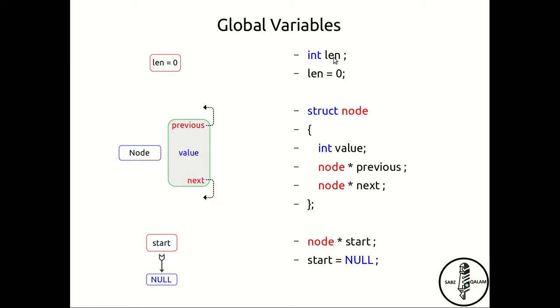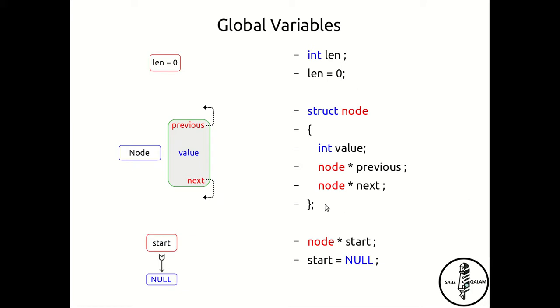The other important global variable is this node by the name of start. A start, whether it's a single, a double or a circular linked list, always points to the beginning of your list. Now, if there is no list, and that is the case when you're really starting, you're going to make sure that start is pointing to null, and hence you're going to say start has been assigned null.